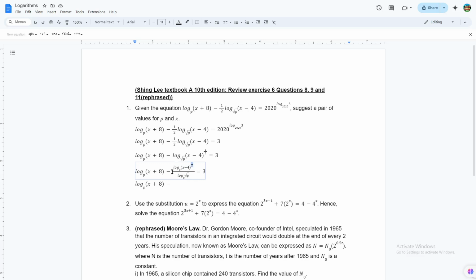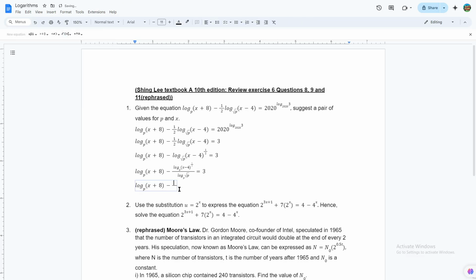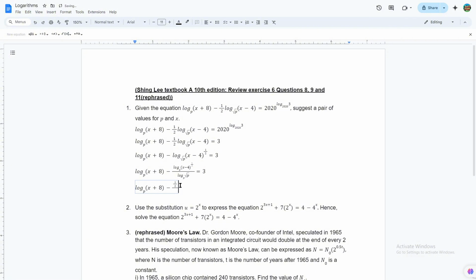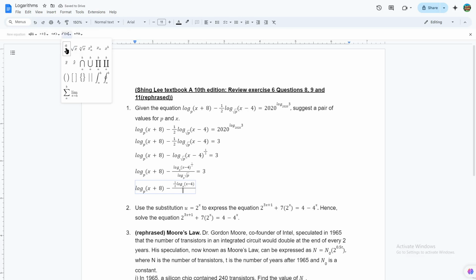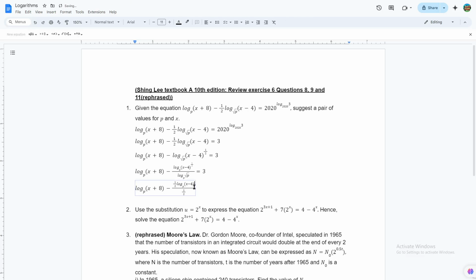That means we can write the half in front over here. We can have half log p of (x minus 4), and underneath is half. And this will give us 3.